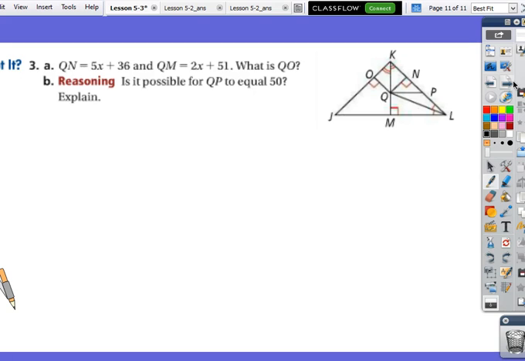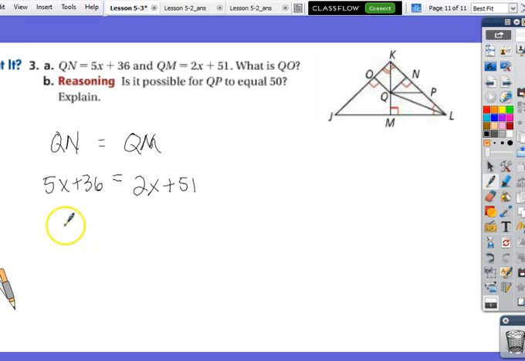So what would we do to set this one up? What can I say about OQ, MQ, and NQ? Why? Yep, because Q is the incenter. So QN is equal to QM, which makes 5x plus 36 equal to 2x plus 51.